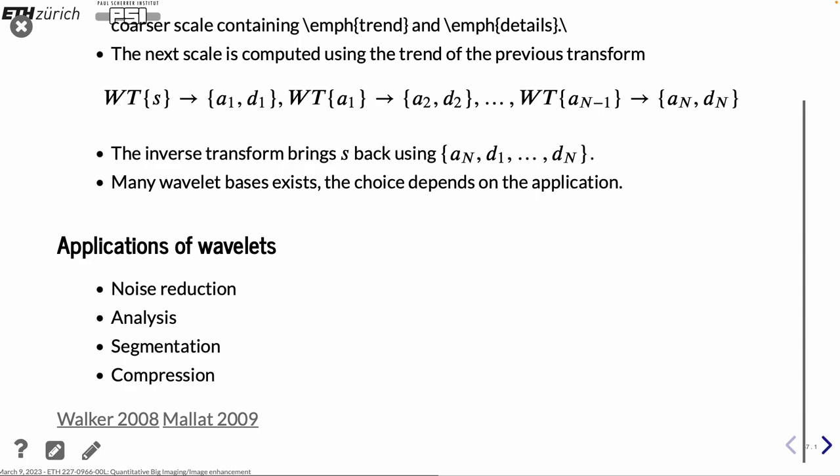In particular, the JPEG compression for all the images that we are using is actually based on wavelet theories. It's not the original wavelets anymore, because it evolved over many, many years. But the original JPEG was based on wavelets.